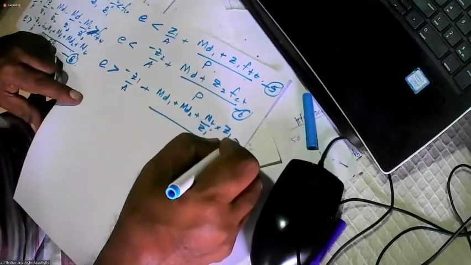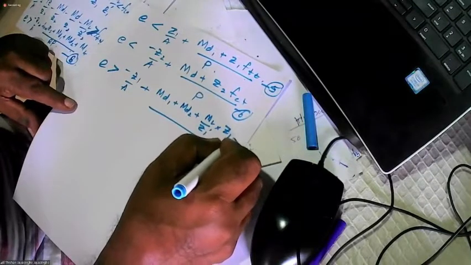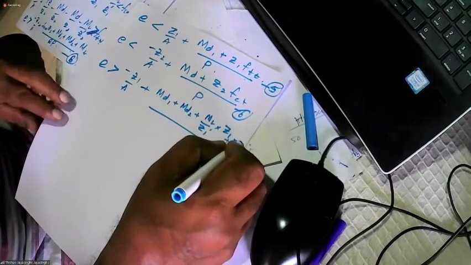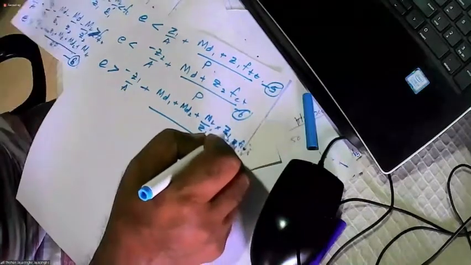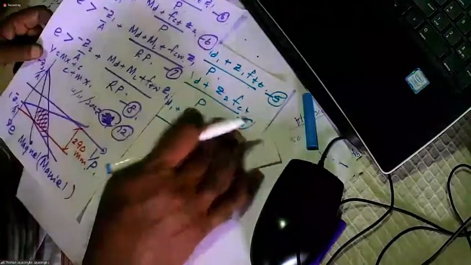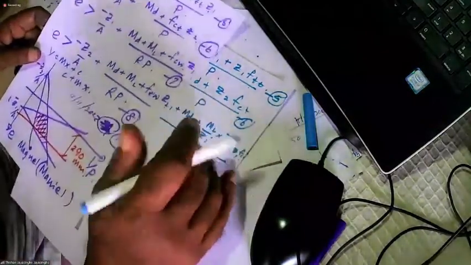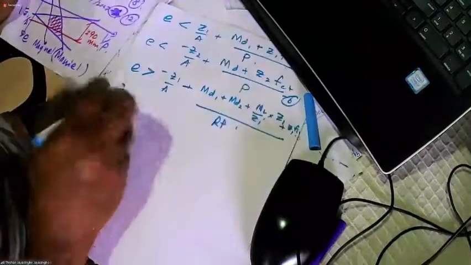plus Z1 times FCW. Same as this one. Only this ML term is different. Same equation RP, not governing.